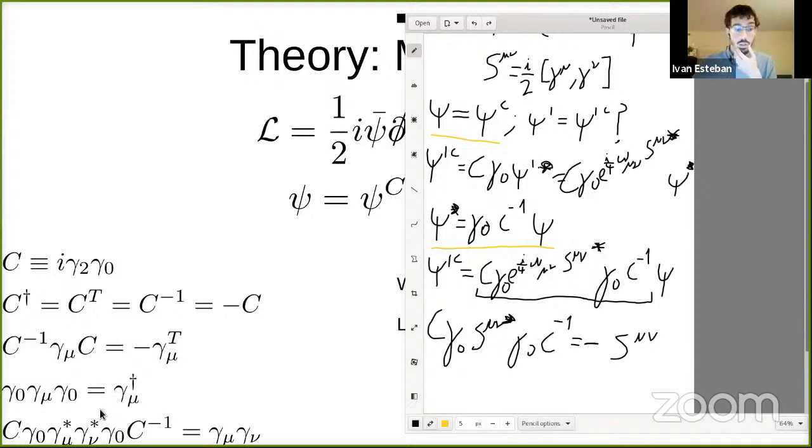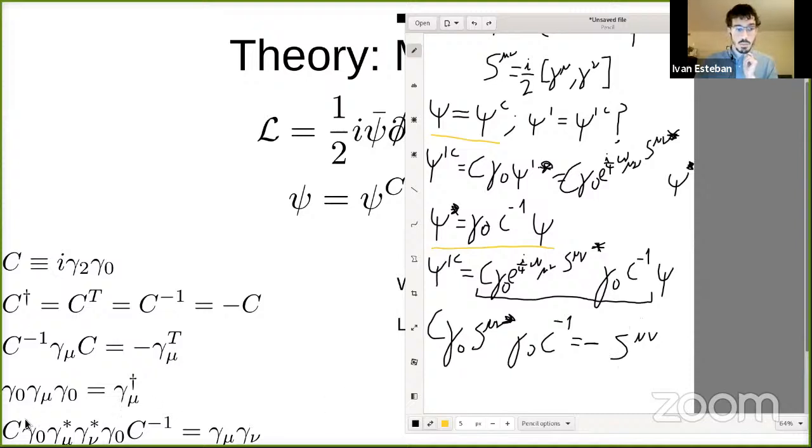So because of this property here, when my charge conjugation matrices hit the gamma mu in the S matrix, they will just take the complex conjugate. So because of this, S mu nu complex conjugate just goes into S mu nu.